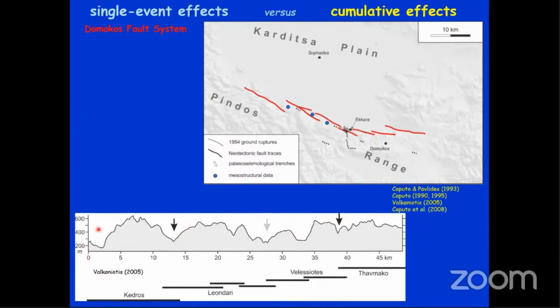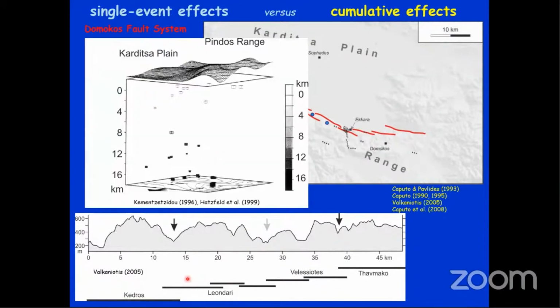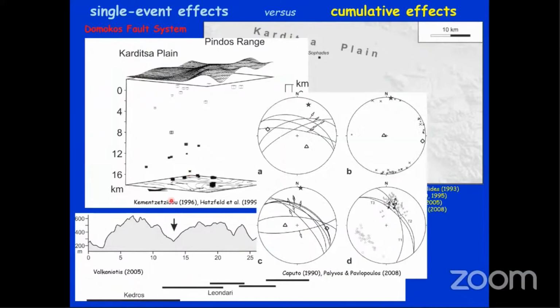Morphometric analysis can also contribute to document the location of the segments, so the dimension of the segments, and to see if these segment boundaries are soft or hard, or at least tentatively suggest it. We have also in this case microseismicity distribution at depth, providing information on depth.